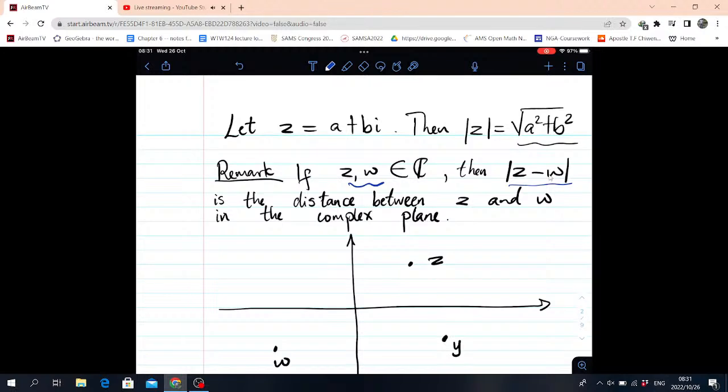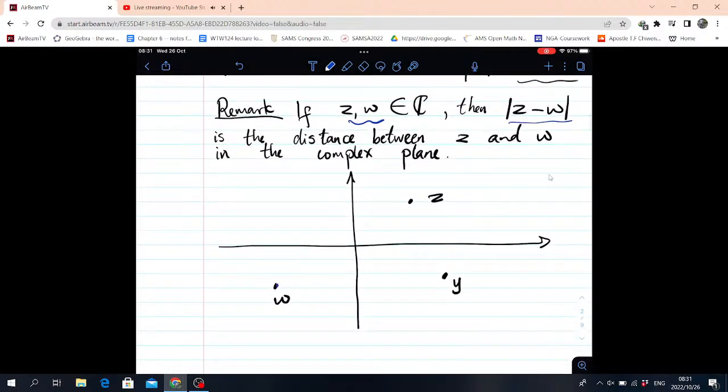If you think of z and w given in the complex plane, then what we are talking about is the distance between these two. That's what the modulus is about.